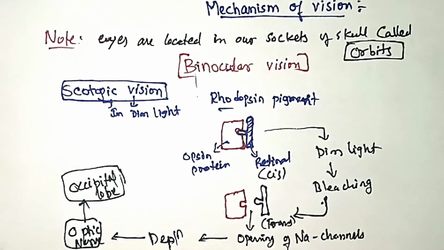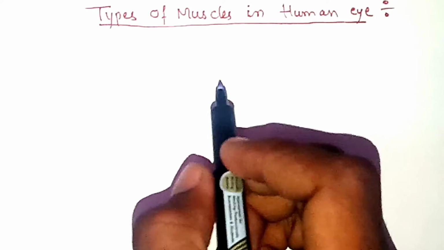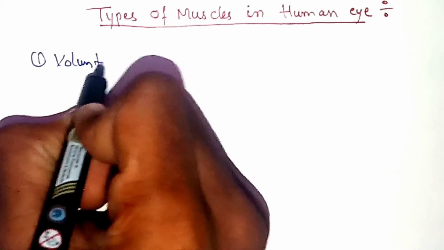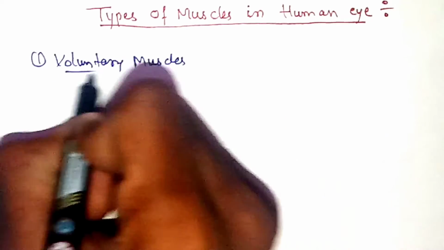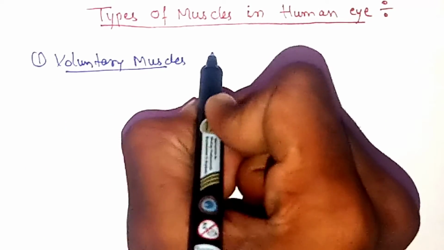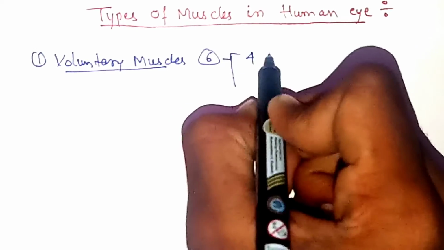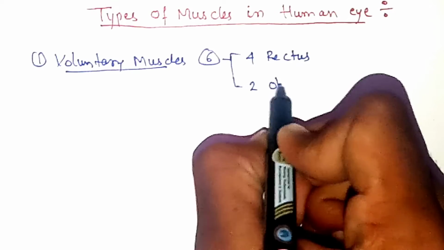Now we will discuss types of muscles in the human eye. There are two types of muscles. One is voluntary muscles. Voluntary muscles are total 6, in which 4 are rectus muscles and 2 are oblique.